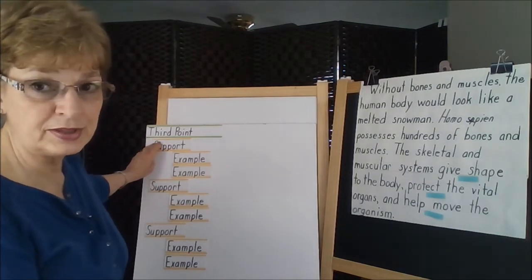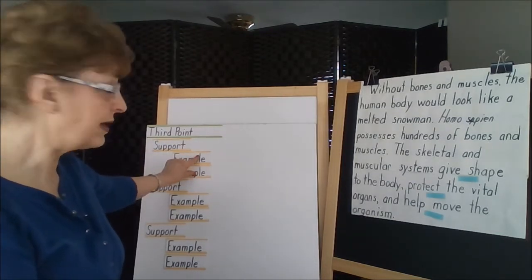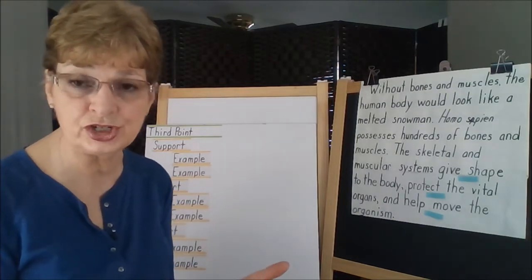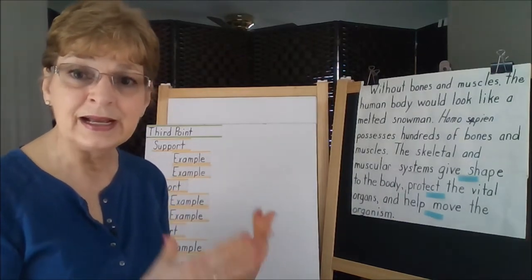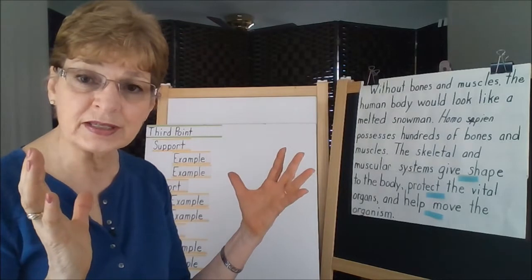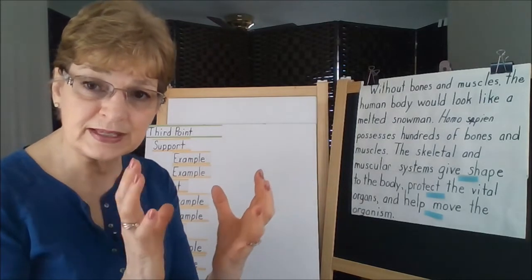So if we're going to talk about the joints here, we could have examples of perhaps the hinge joint or the ball and socket. See, your information is going from general to specific.